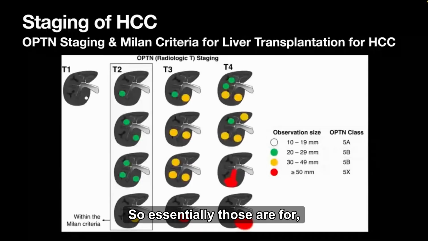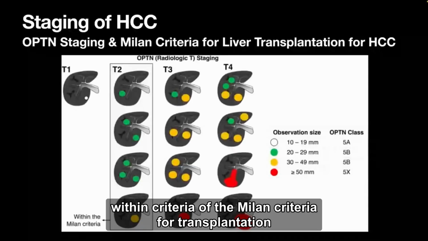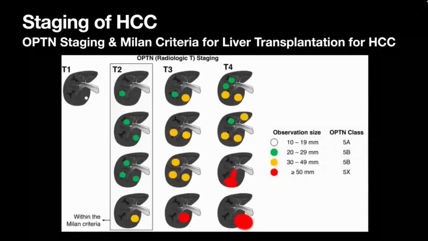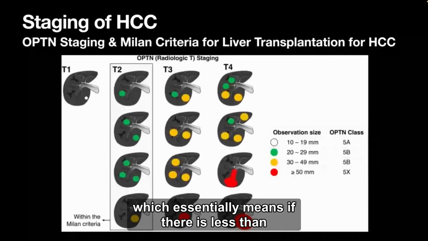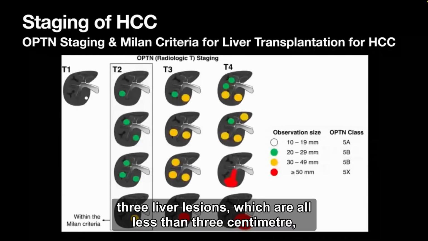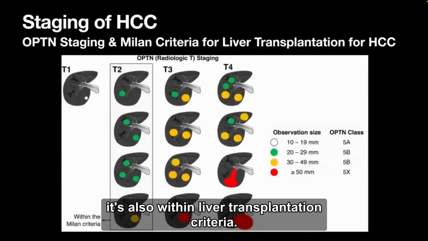Being within the Milan criteria for transplantation is basically stage 2 on OPTN staging, which essentially means if there are up to 3 liver lesions, which are all less than 3 centimeters, they are within criteria, or if there is a solitary lesion less than 5 centimeters, it's also within liver transplantation criteria.